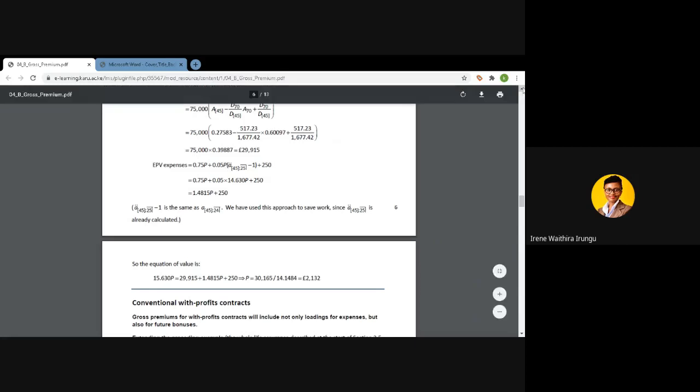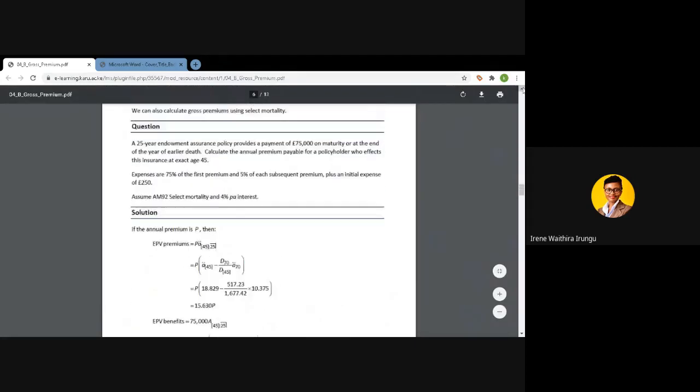And this 5%, if we go back, we are told that it is 5% of each subsequent premium. So it means that the first premium will not have this 5% attached to it. Otherwise, for the first premium, it will be the 75%. But now from the second premium onwards, it will be 5%.